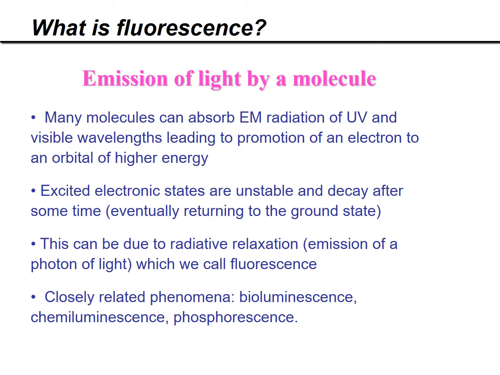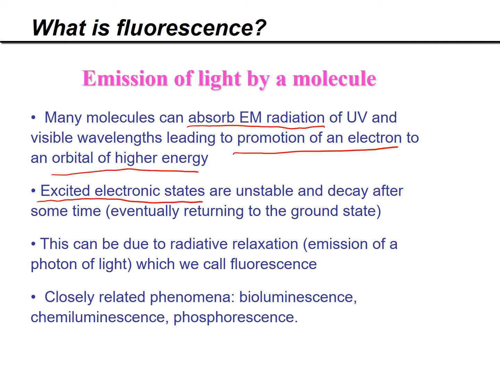An electron is promoted to an orbital of higher energy and generates what we call an excited electronic state. So, absorption of light, promotion of electron to orbital higher energy, get an electronic excited state.